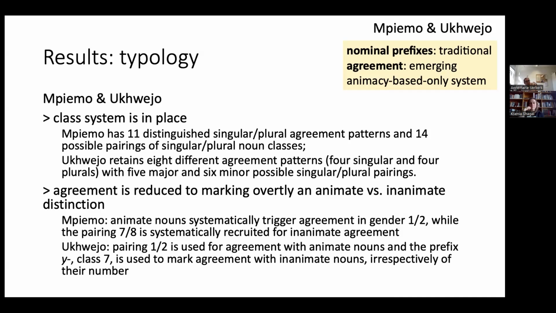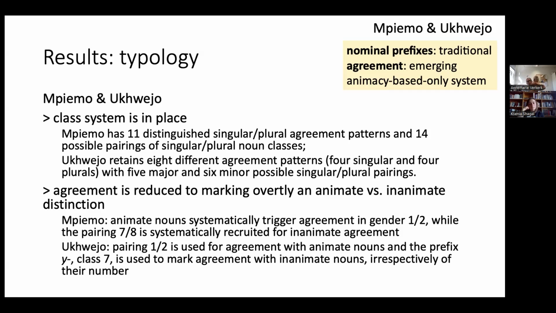In Mipimo, a class system is in place. So there are respectively, I think, 14 versus 11 in total, singular-plural pairings, right? So classes, but then agreement is reduced to marking overtly an animate versus inanimate distinction.